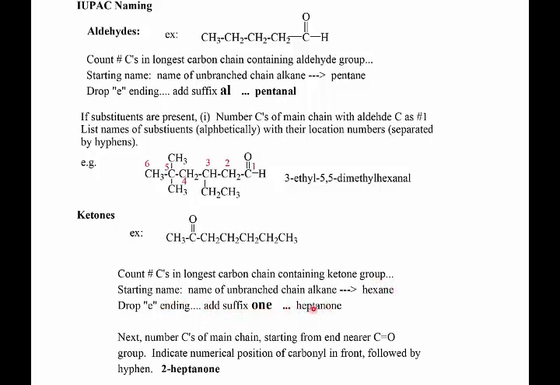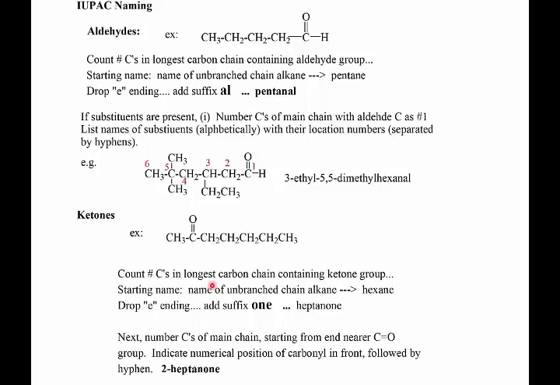This becomes heptanone. Well, a heptanone ketone can have the carbonyl group in any number of different positions. So we have to indicate in the name where that ketone group is located, and here's the rule.